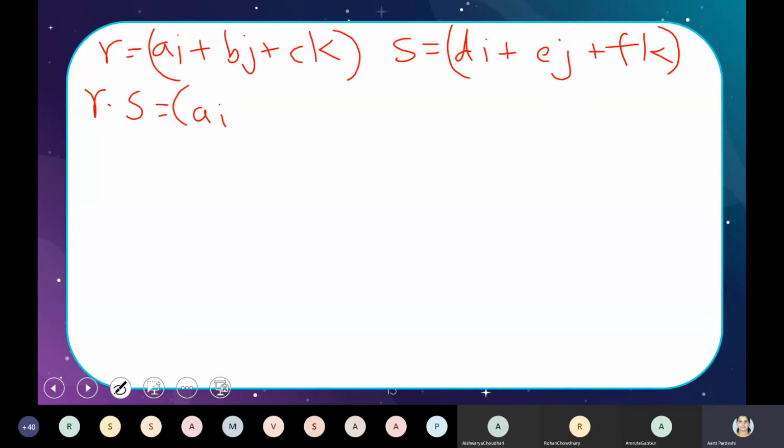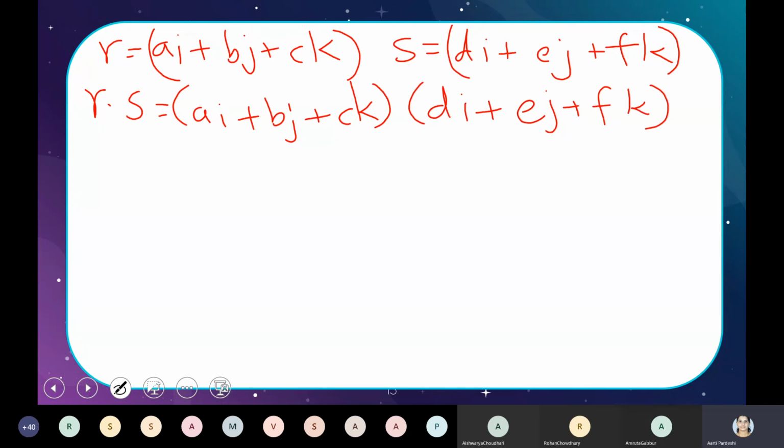So it is AI plus BJ, and if you simultaneously write it, then it will be very easy for you. Otherwise, I am explaining, you can simply go through it. Now this is nothing but AI into the whole term, BJ once again into the whole term, and CK into the whole term.